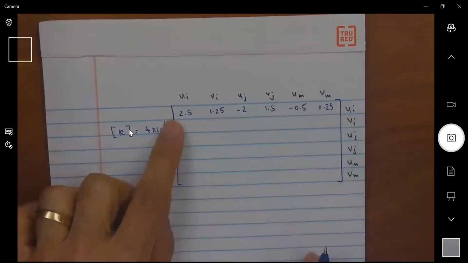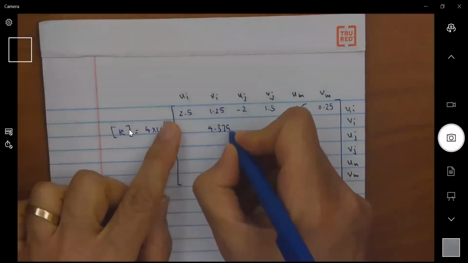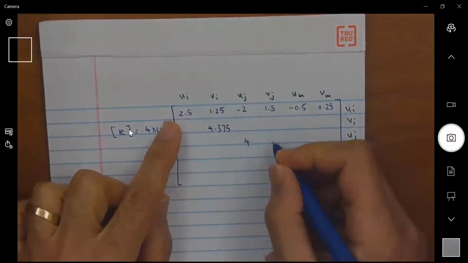Yes, this is a symmetric matrix. So I'm going to put here my diagonal that is always positive.